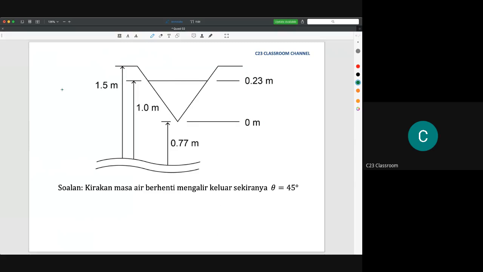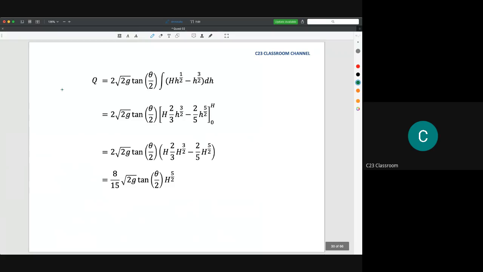Okay. So in the previous slide, you already know how to calculate the value of the flow rate. This means that without knowing the area of the outlet and the velocity at the outlet, you could still solve this problem because you know the equation for the flow rate at the outlet.